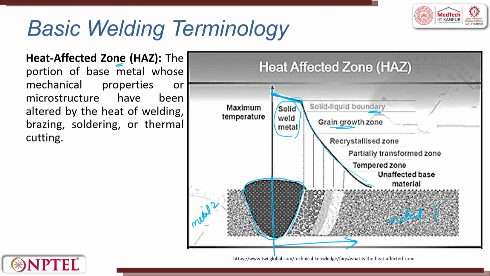So, there is growing of grain which happens. As this continues, you will also see a recrystallization zone. So, melt, grain growth happening, then you see recrystallization happening because the temperature is falling down.